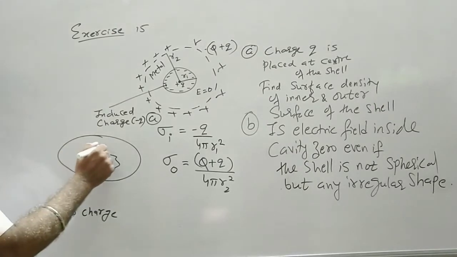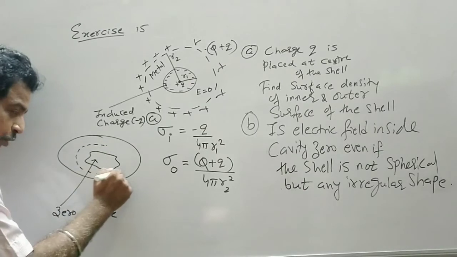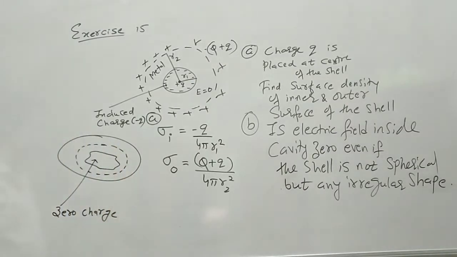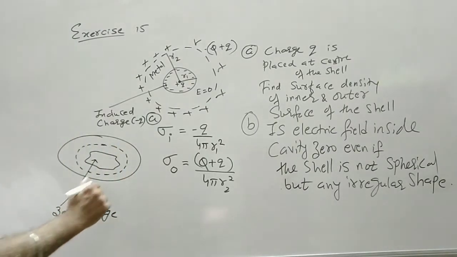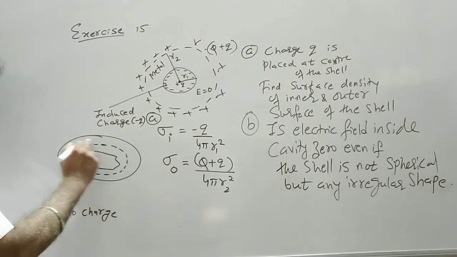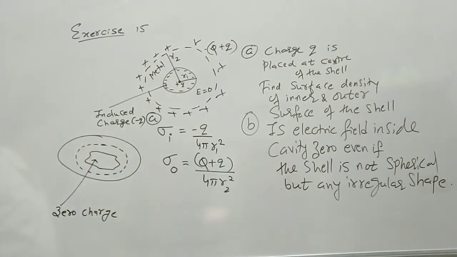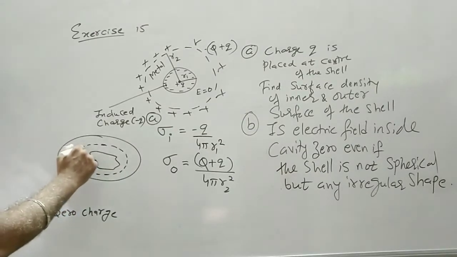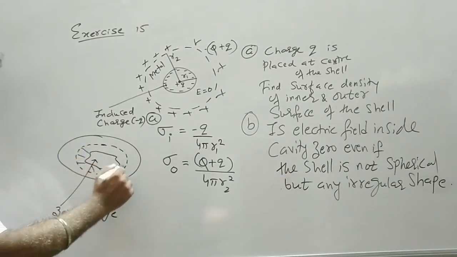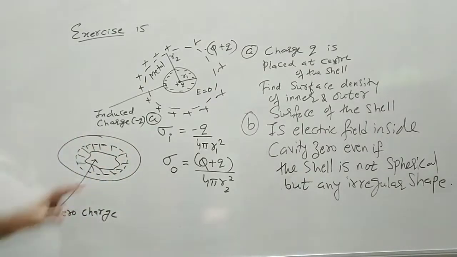So I consider a Gaussian surface. This is a Gaussian surface, the dotted line. Now we know that this Gaussian surface consists of the cavity plus some portion of the outer shell also. It is irregular in shape. Here we have taken it to be spherical.